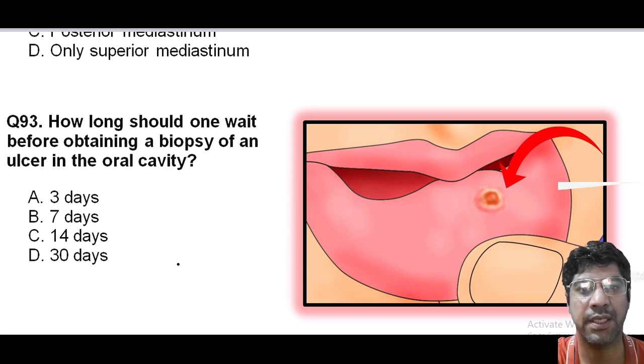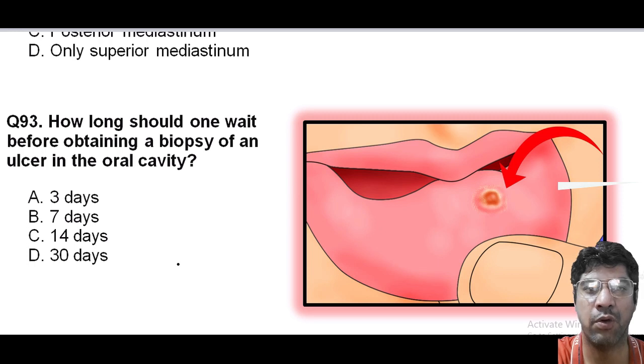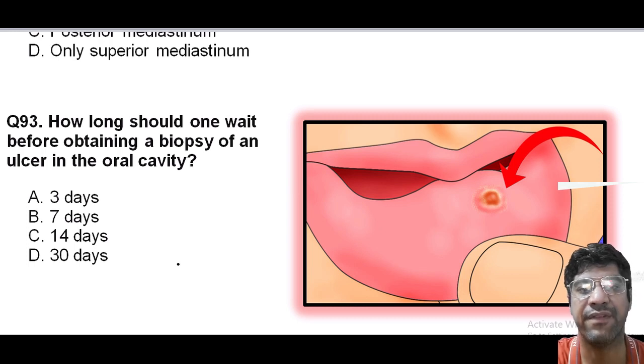So the oral ulcer, as we know, the minor oral ulcers will heal on their own within a couple of weeks. So waiting around 14 days allows for the natural healing process to take place. If the ulcer does not heal within this time frame, then you may consider it a chronic or non-healing ulcer. So for that diagnosis, you need a biopsy.